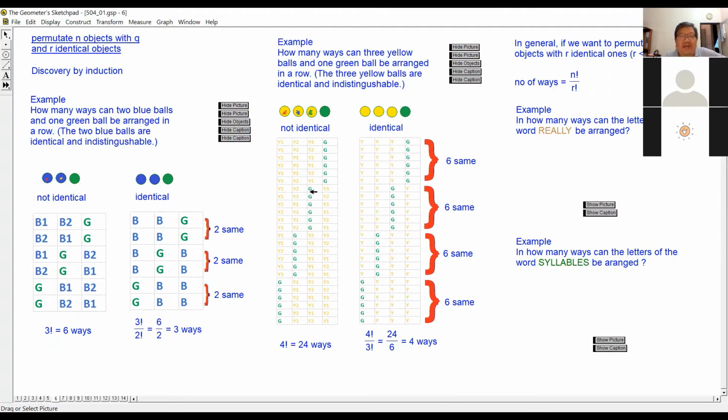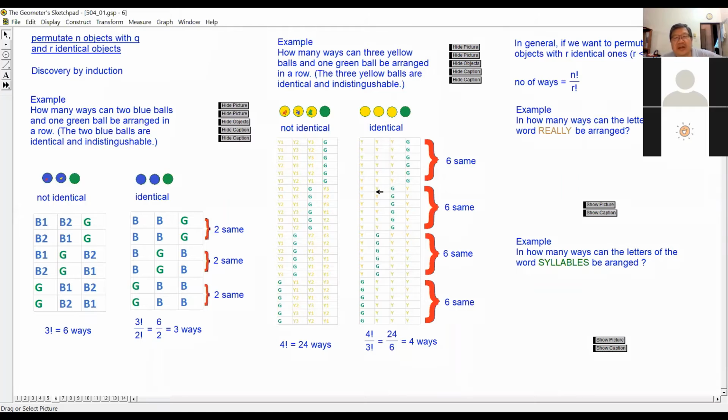So for each position of this green color, you see the green color move from back, we move forward one position. So now the green color is at the second last position. So the green color at the second last position, then the yellow color, they are yellow, yellow, green, yellow.